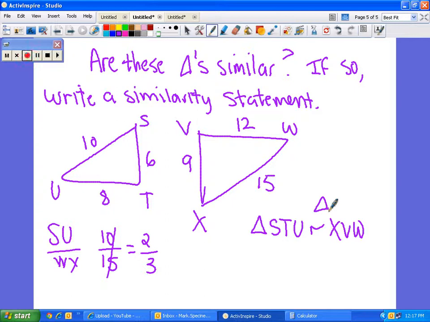Brianne, is what Jonathan said correct? Why do you think what Jonathan said is correct? What makes you agree with what Jonathan said, other than he's very bright? And if he says it, it's probably true. But do you have another reason? So how do you know he's right?